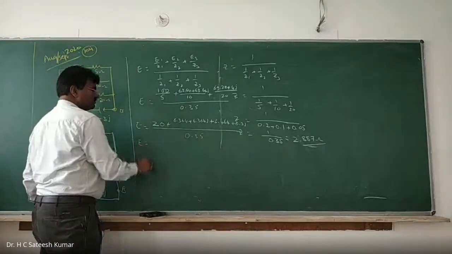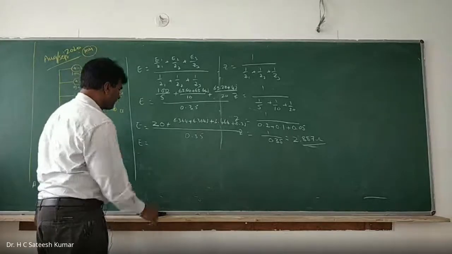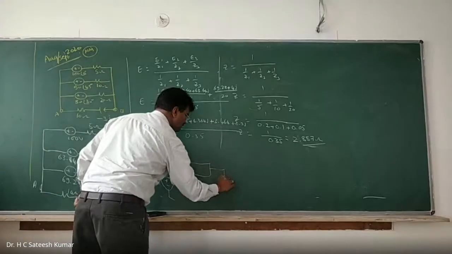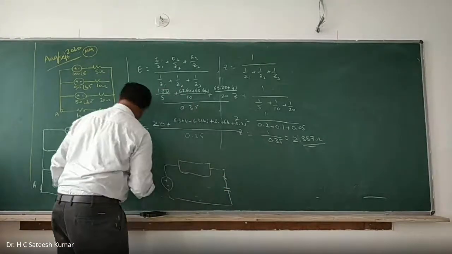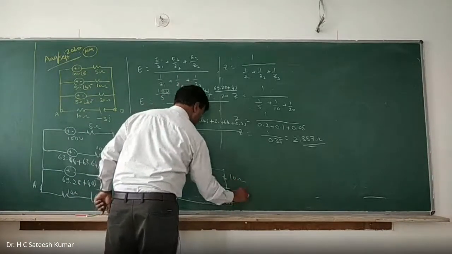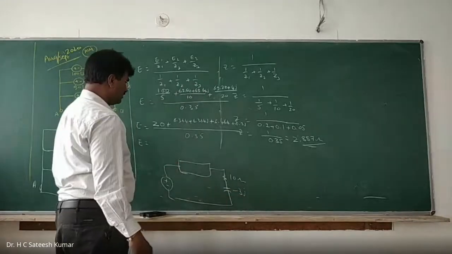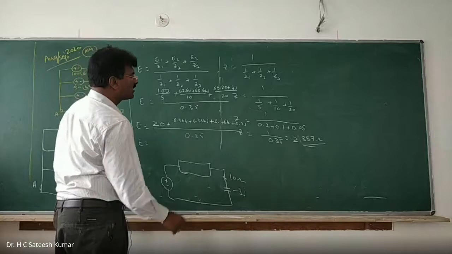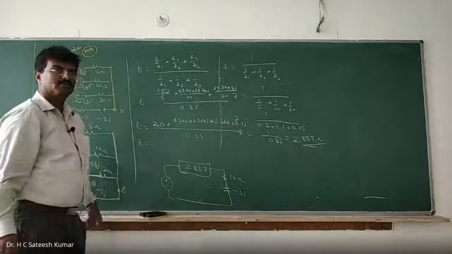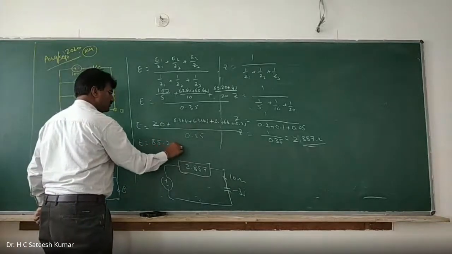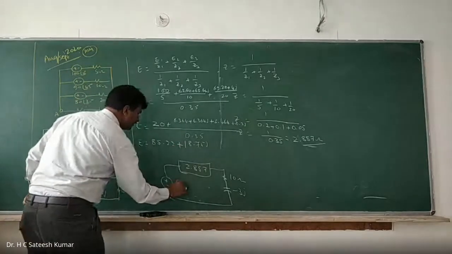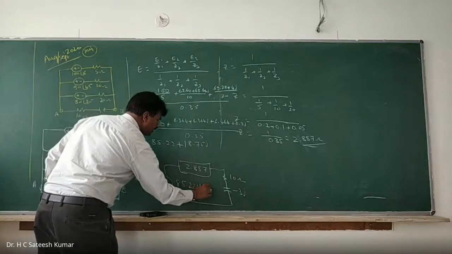E is equal to 85.22 plus 18.75J. This is 10 ohms, this is minus 3J, and the impedance is 2.857.